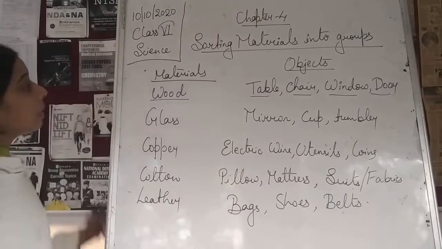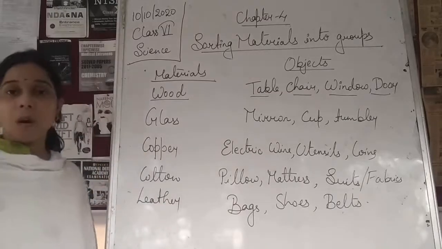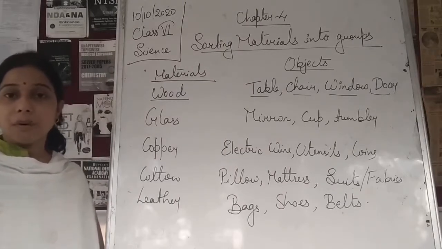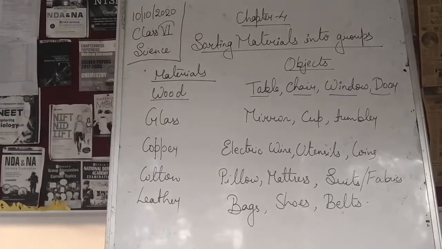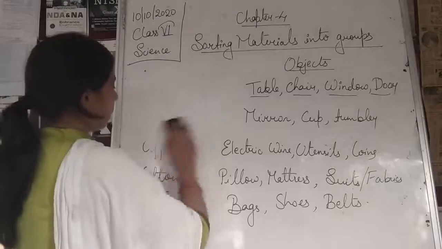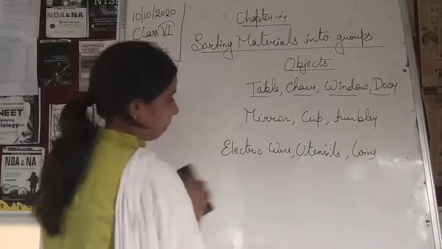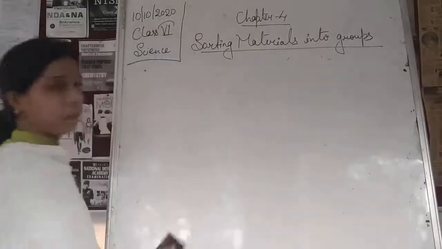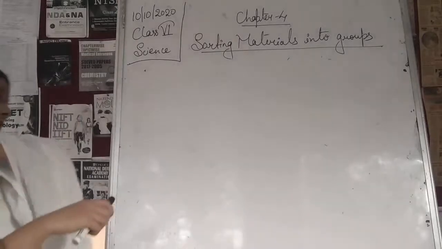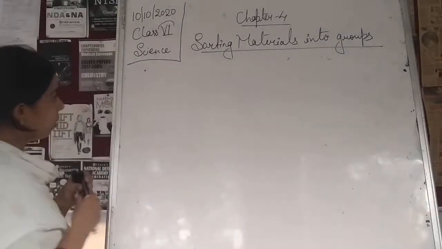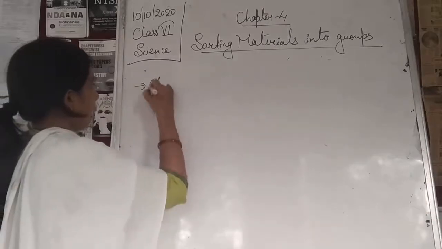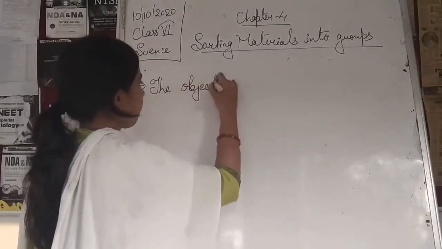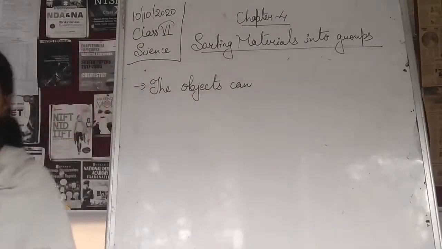So we can say that different objects can be made up of one type of material. So this is the next one: many objects, or different kinds of objects.